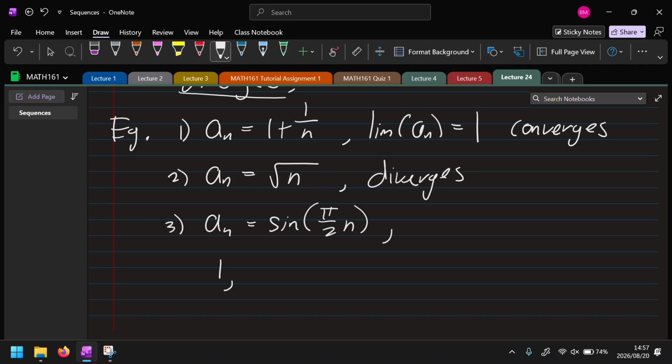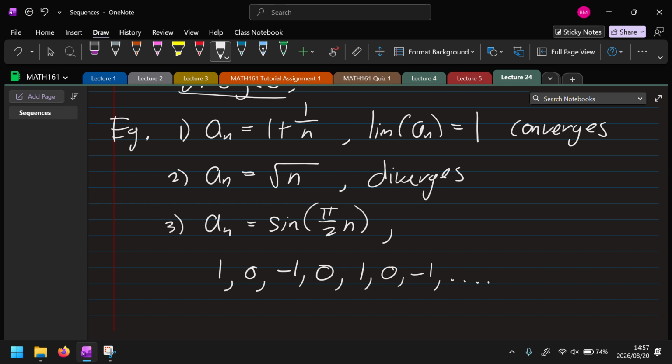That's the next one. Sine of pi, 0. And then when n is 3, sine of 3 pi over 2, negative 1. And then we go back, sine of 2 pi, 0. And then it repeats, right? As we go, it will be 0, 1, 0, minus 1, dot, dot, dot.